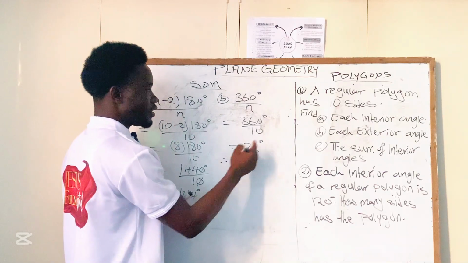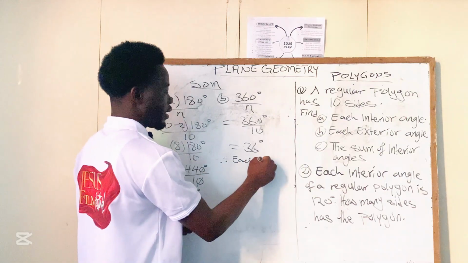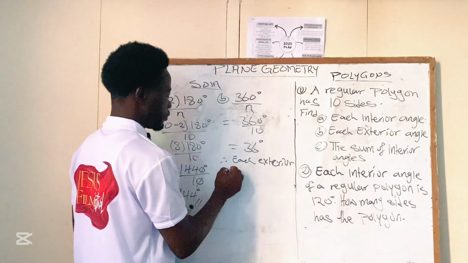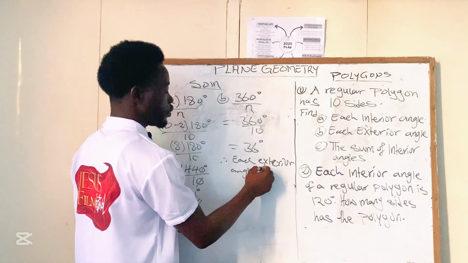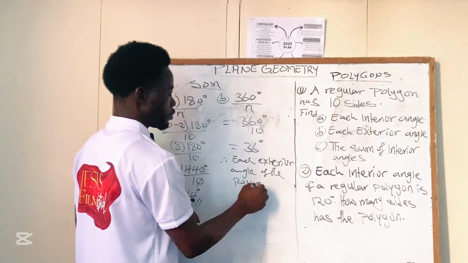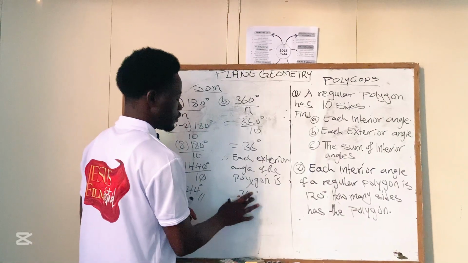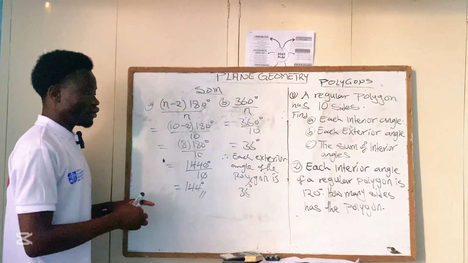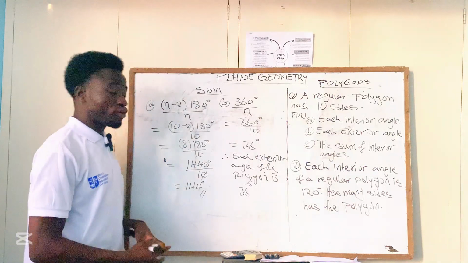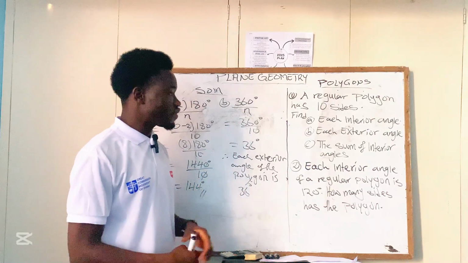So you say that each exterior angle of the regular polygon is 36 degrees. And the same way you got to do for this one. Each interior angle is what? 144 degrees. I was just saying it, but you have to write it down because it takes marks. So we don't skip that.